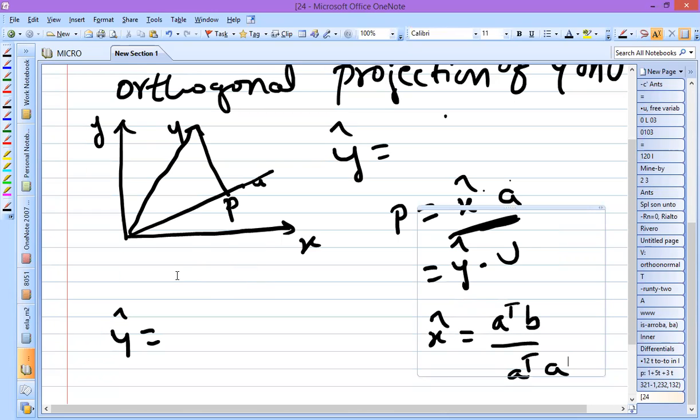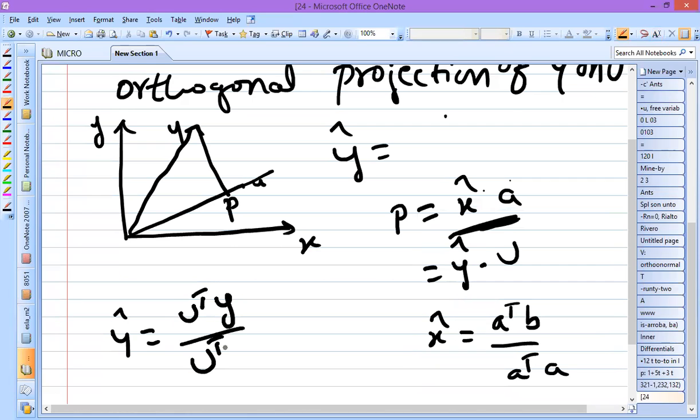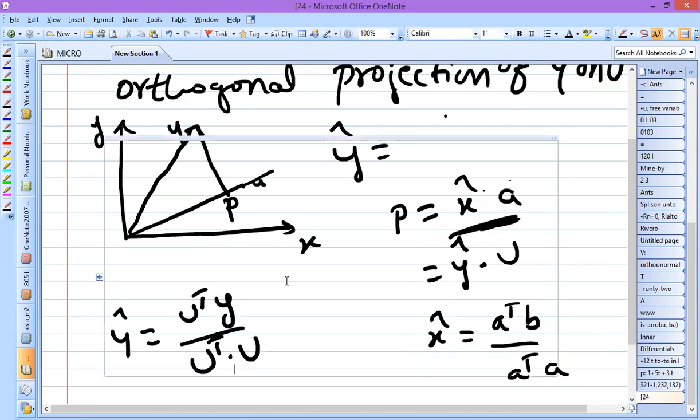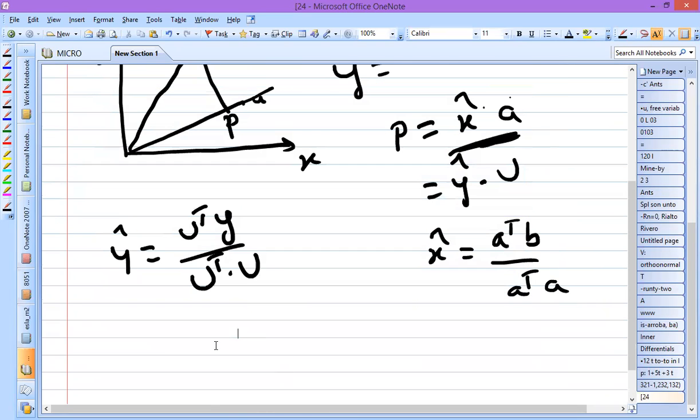So what can we write for y cap? u transpose y by u transpose u, very good. You need to solve this and get the scalar multiple value.